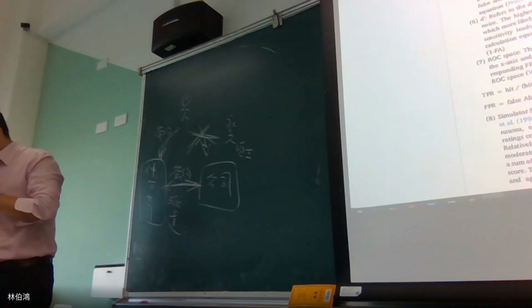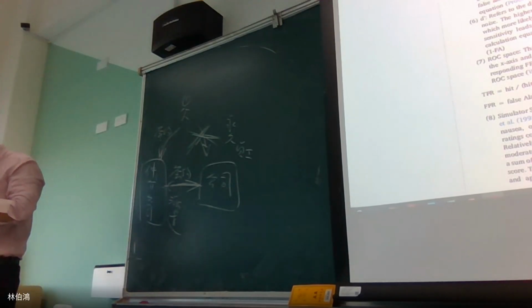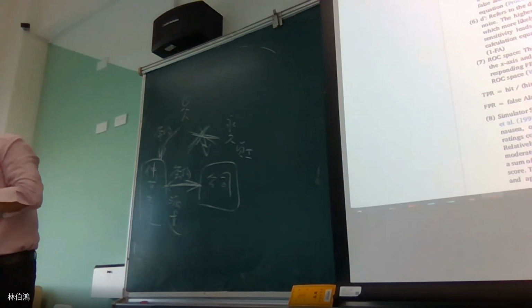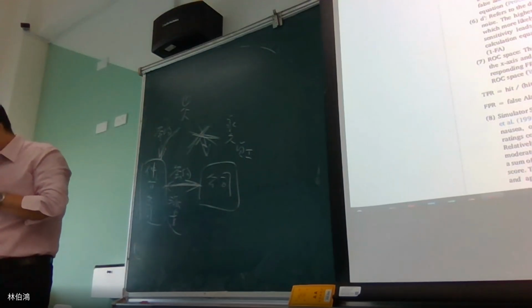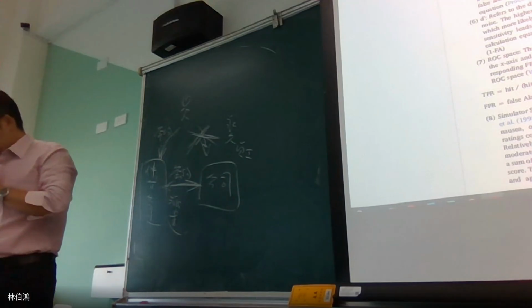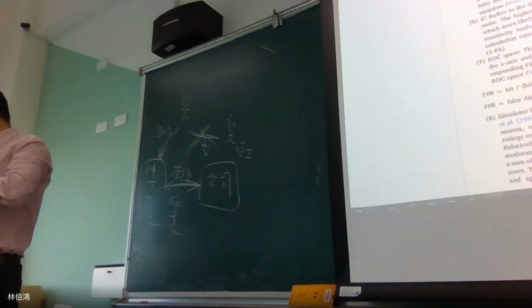So that is the difference between beta larger than 1 and smaller than 1. So any question for question number 3?